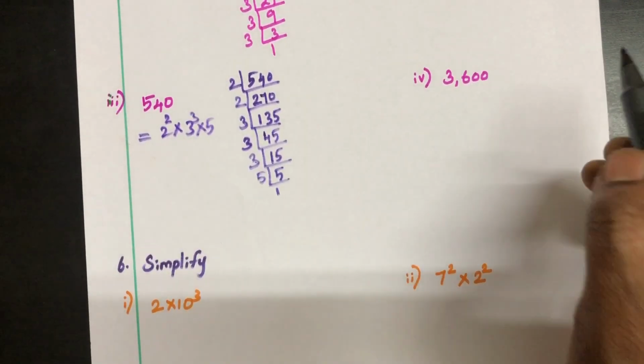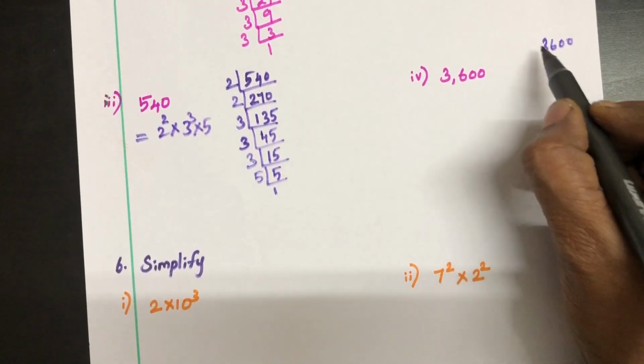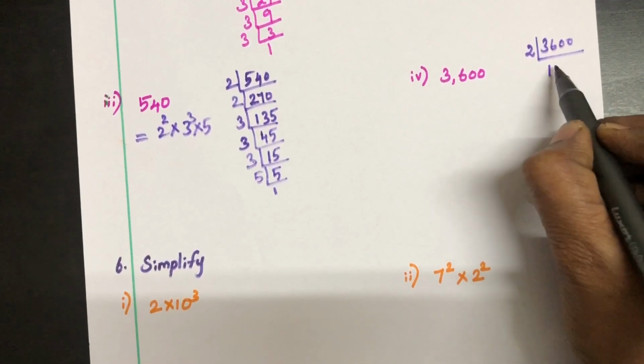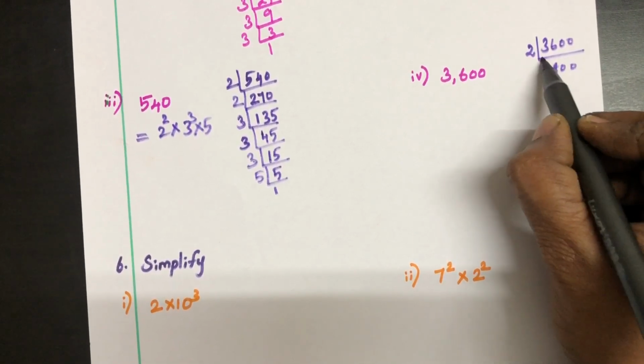Now 3600. How to do this? 2 can divide this, right? 2, 1 time 8, 0, 0.